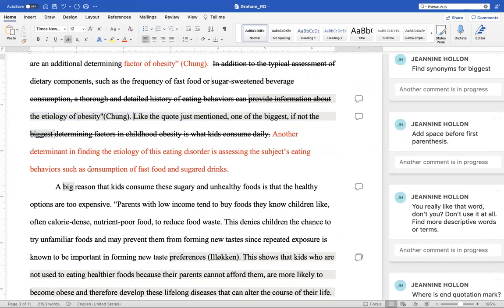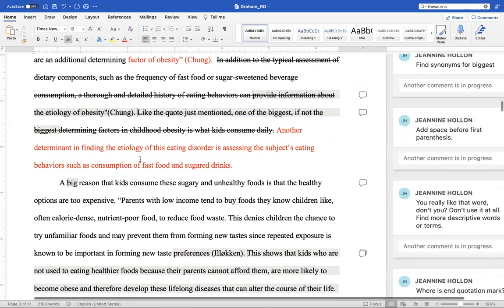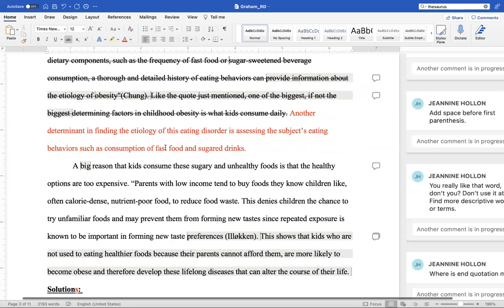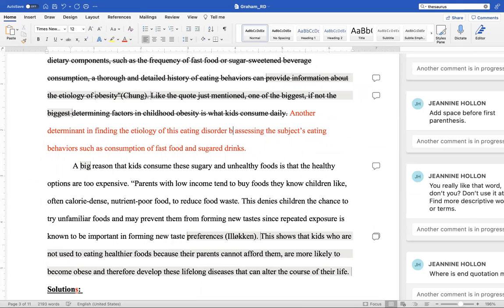Another determinant is finding the etiology of this eating disorder by assessing the subject's eating behaviors, such as the subject's daily consumption of fast food and sugared drinks.